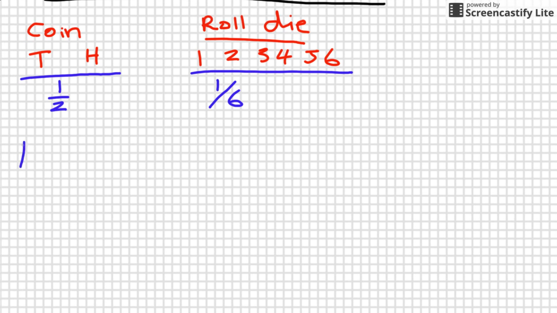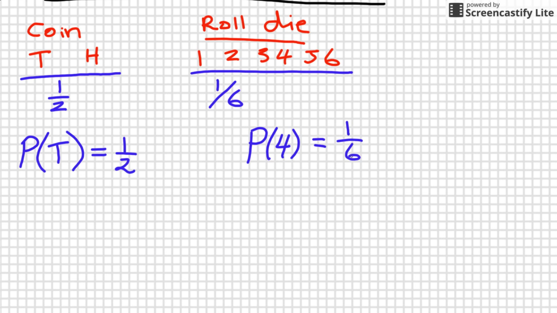So I go probability, so P of getting a tails. So that's what this means. Probability of getting tails equals 1 over 2. Now let's say we look at the probability of rolling a 4. The probability of getting a 4 equals 1 in 6.